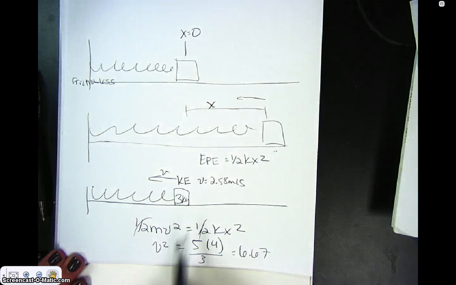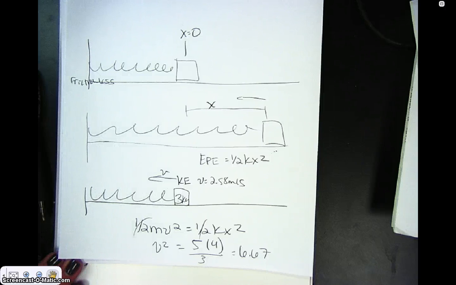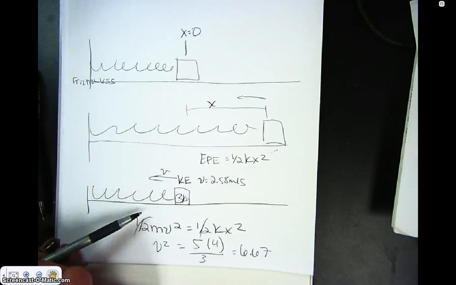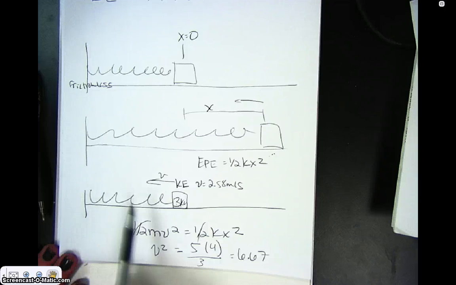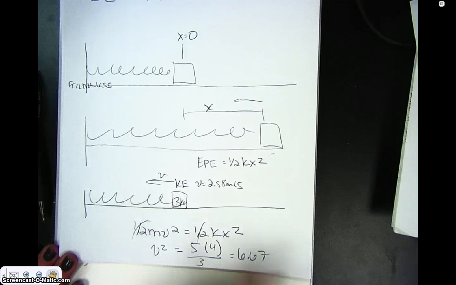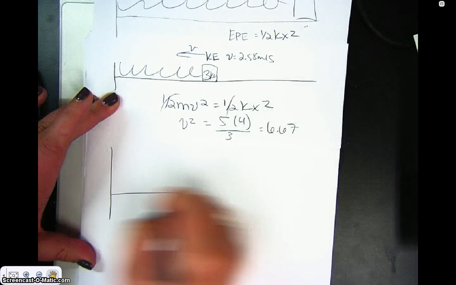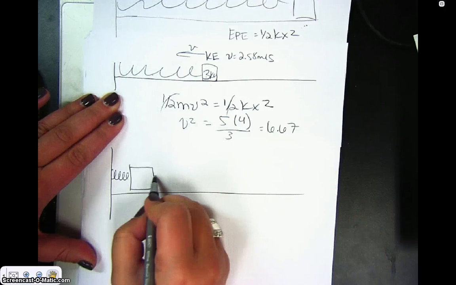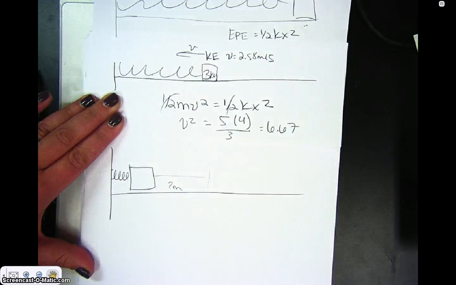Now, as it goes past it, in this direction, the direction of the force changes, right? Because we're trying to compress the spring, so the spring is pushing back in this direction. So it causes it to decelerate and slow down until it reaches some other change in x, which would be equivalent to 2 meters in this direction. So this x from here to here would be 2 meters again, causing it to slow down.